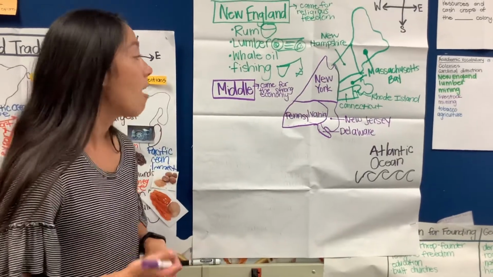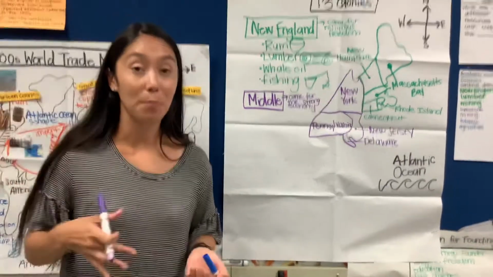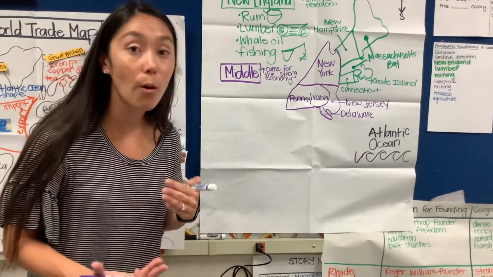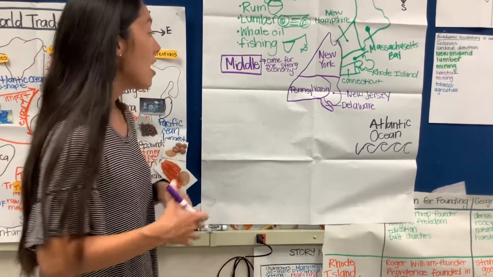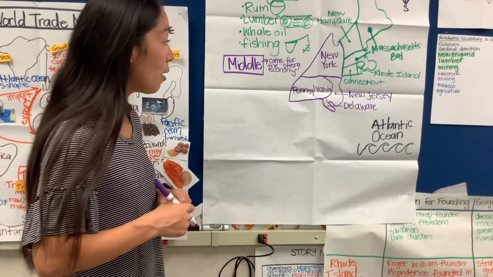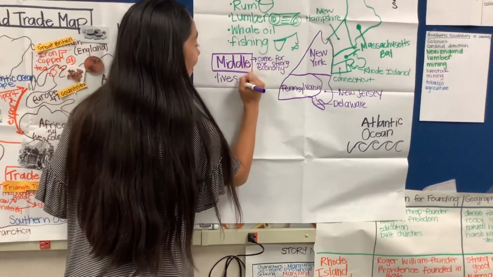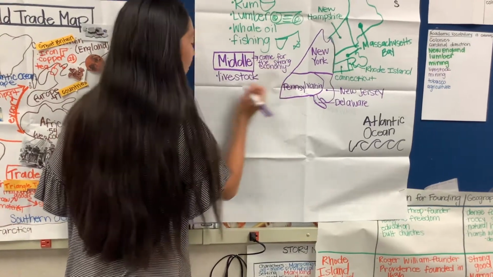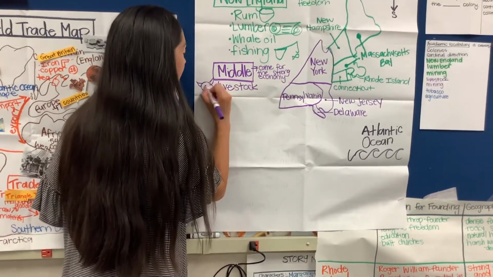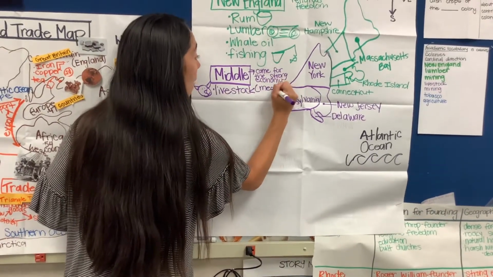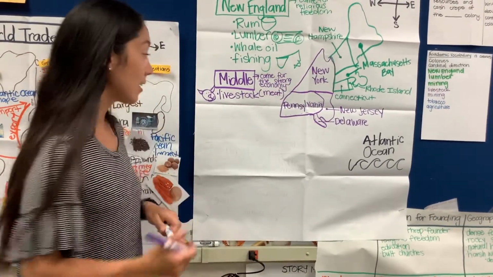The middle colonies had such a strong economy because of where they were located. They had really fertile soil. They had lots of trees. And so they had a lot of livestock. Read that with me. Livestock. Livestock was their cattle, their cows. So that was their meat.